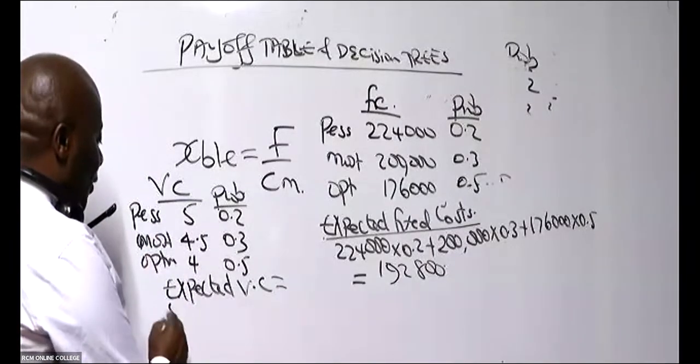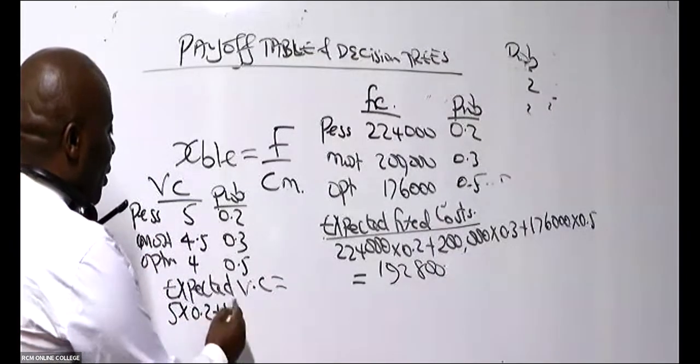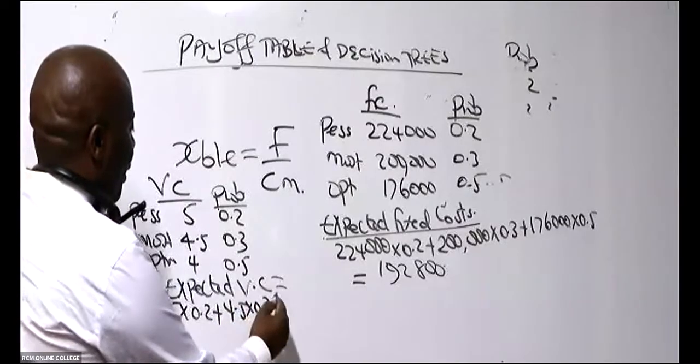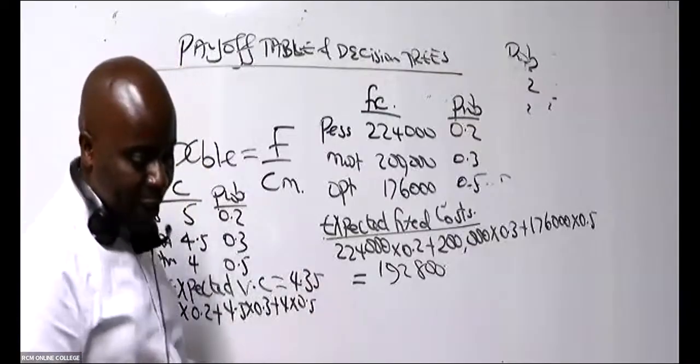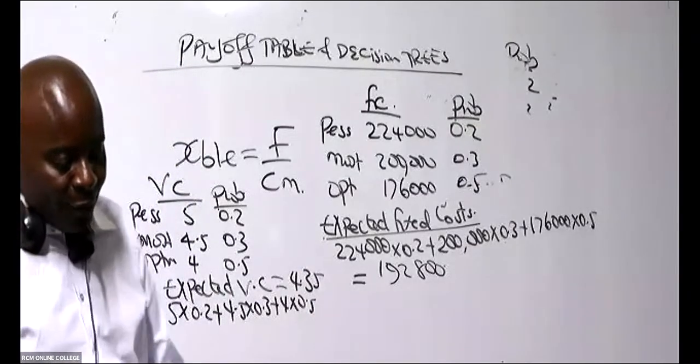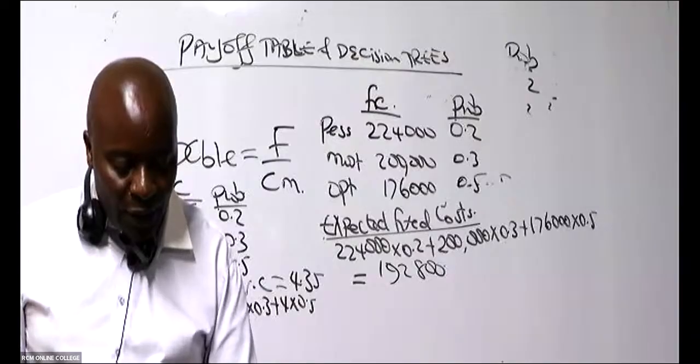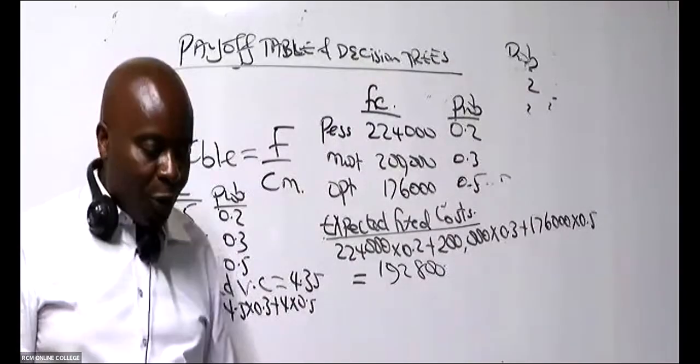So it will be 5 times 0.2 times 0.3, which gives me 4 point. The online guys are telling me it's 4.35. The online ninjas, they're getting 4.35.